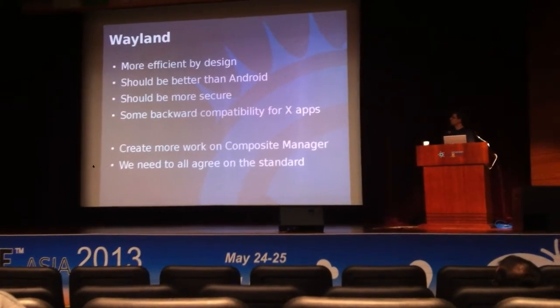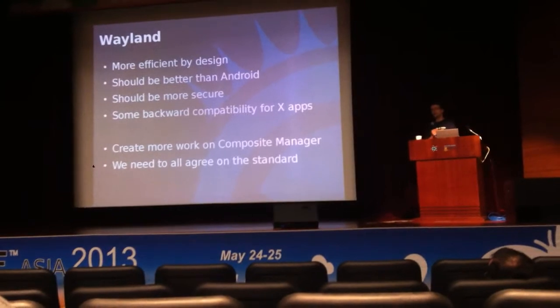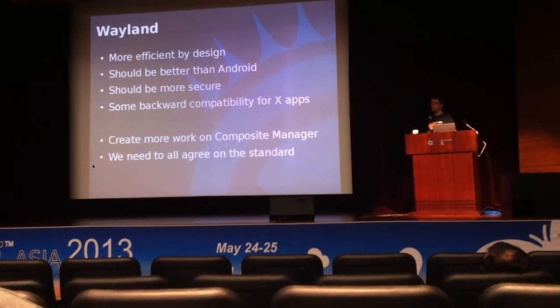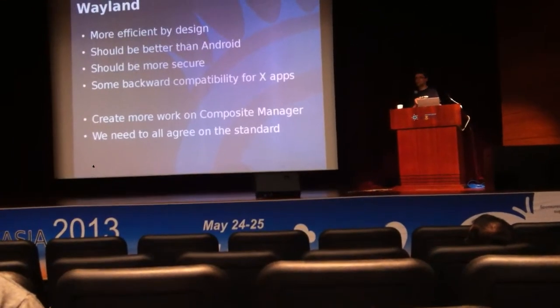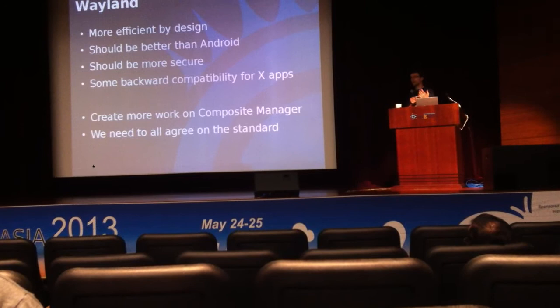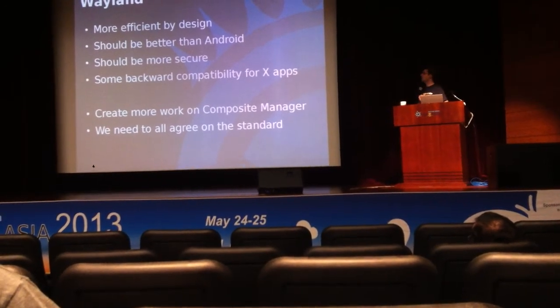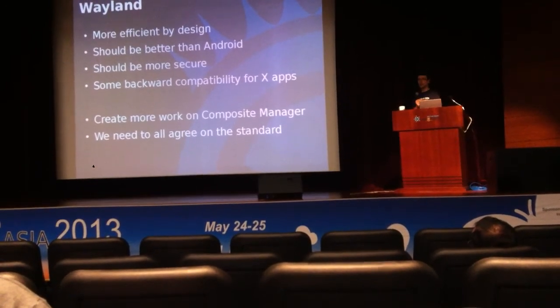Right now, Wayland should be better than Android because Wayland is built with partial updates in its core and layer 2. This means that every application that is full screen will not be composited, so it will not use the GPU and not use the battery. If you need to use the GPU because you need to composite things, it will use partial updates.